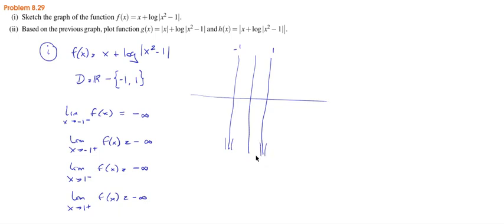Now, where are the roots of this function? Where does this cross the x-axis? Well, when f of x equals 0, it's when x plus the logarithm of the square root of the absolute value of x squared minus 1 equals 0.